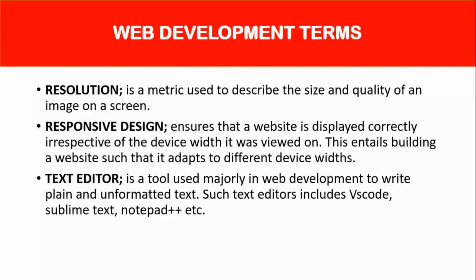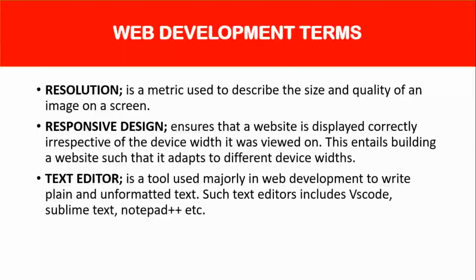Okay, so now text editors, as you might have heard, is more like what you have in Microsoft Word, right? So when you're using Microsoft Word to type out a document, you are actually using a text editor, right?